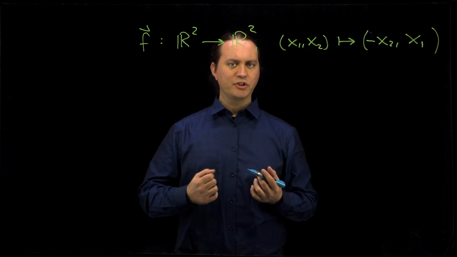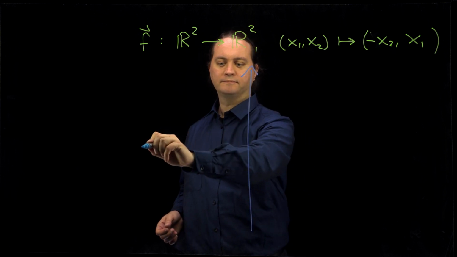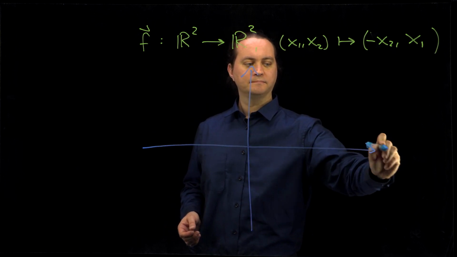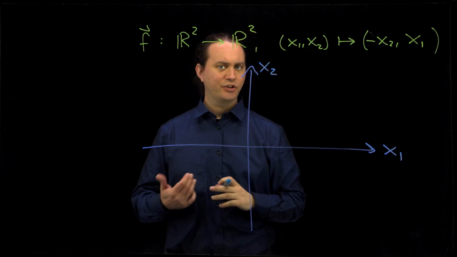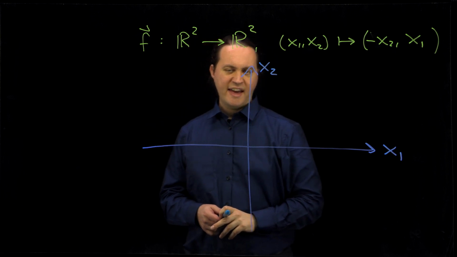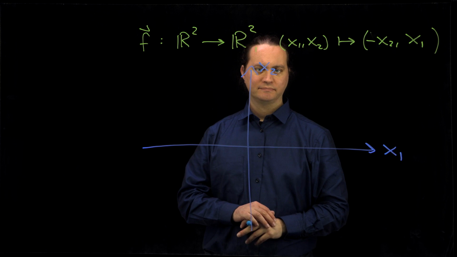The very first thing we do is we draw our coordinate system. We got x1 and x2, the x1 axis and the x2 axis. And let's see what are the values of that vector field at a few selected coordinates.